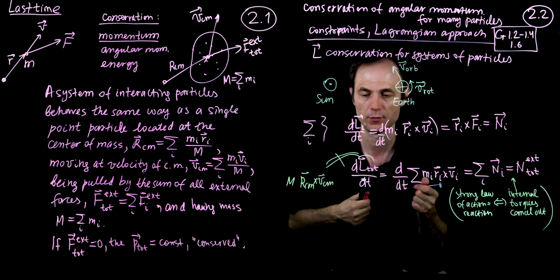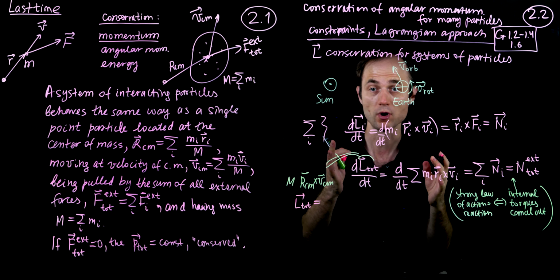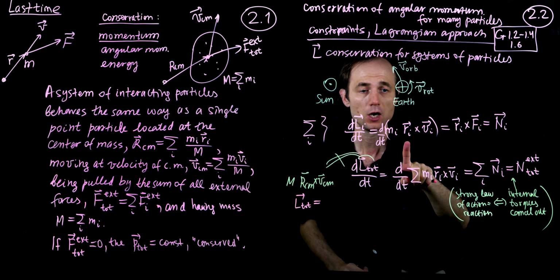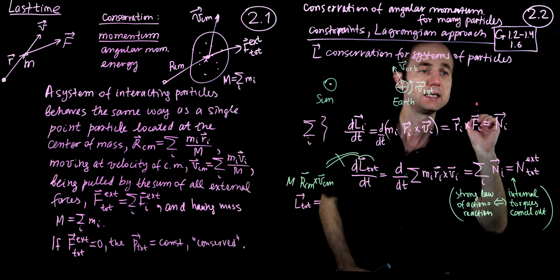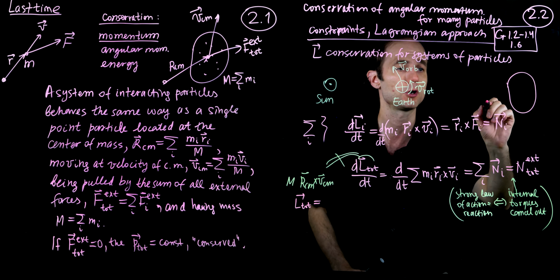How does that work? Well, let's take L total and write it out. For that, we're going to need a diagram. So this is our system of interacting particles.